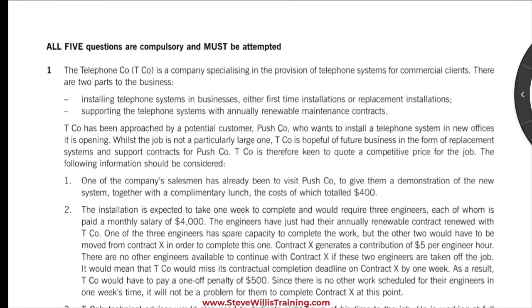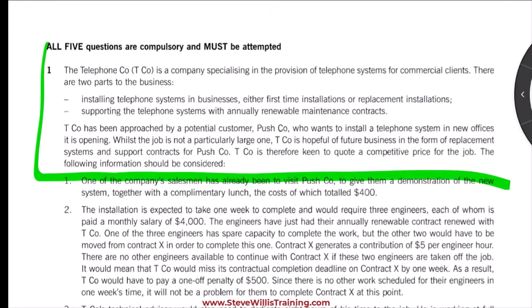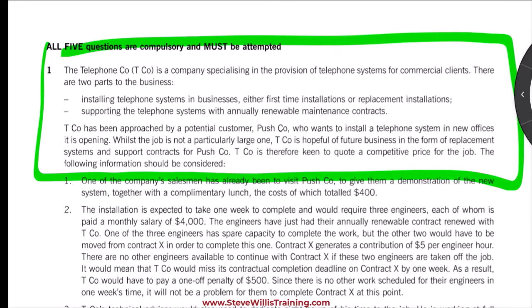First thing to do is read the introductory paragraph. What's the business all about? What is the business problem we are helping this company solve? So please pause the video, take a moment, and read the first intro paragraphs. We find a telephone company that is looking to win a new contract with a new client, Pushco.